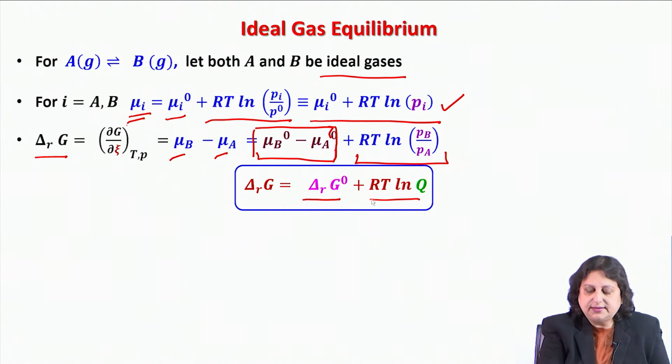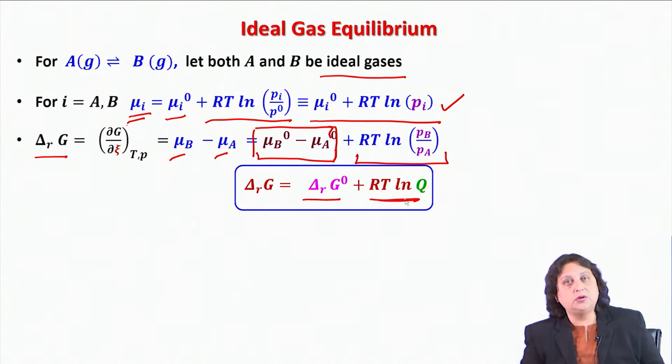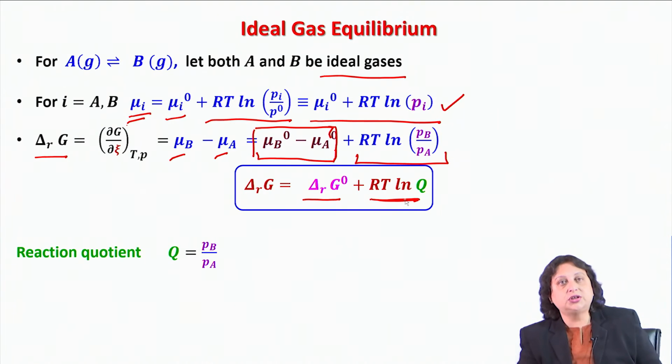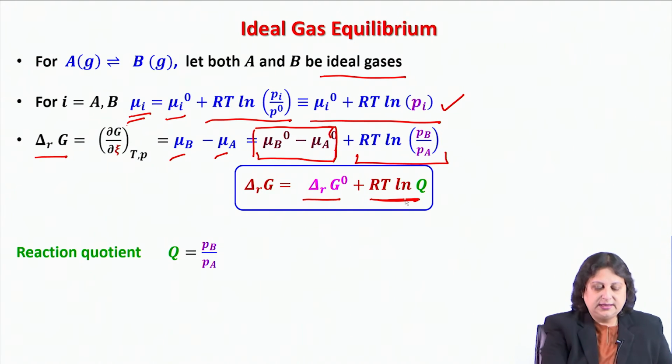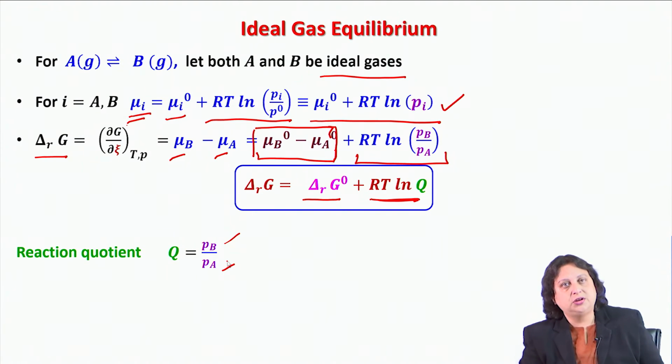What is this second term? This second term involves what is known as the reaction quotient. And this reaction quotient is defined as partial pressure of the product divided by the partial pressure of the reactant.